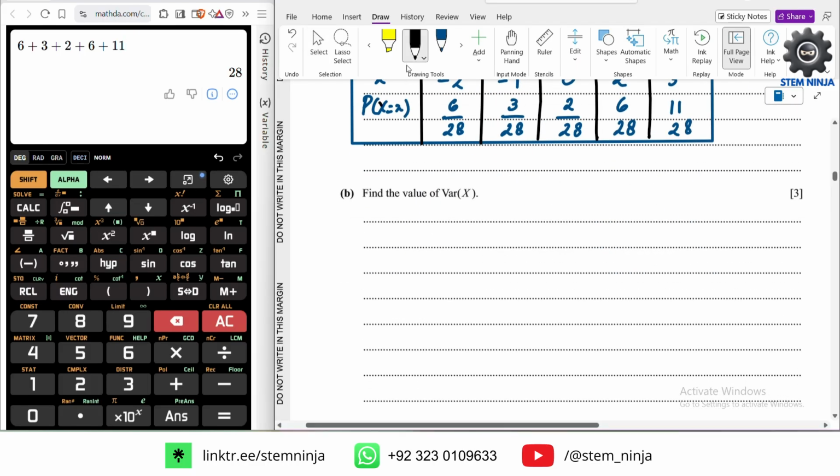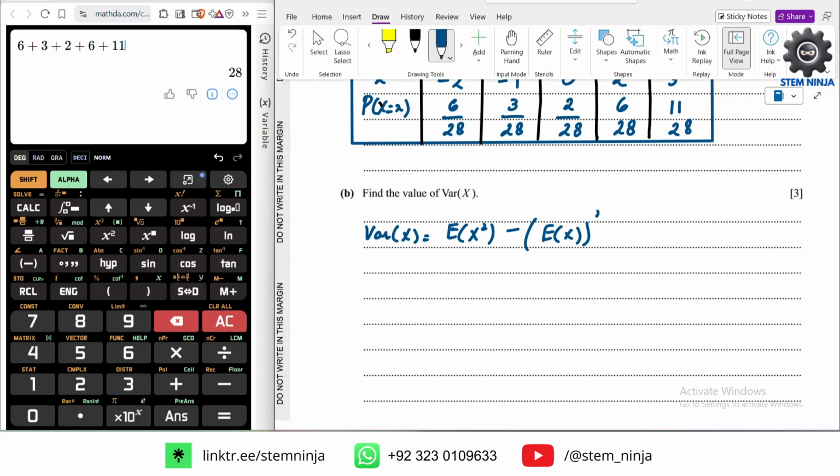Okay. So this is like the discrete random variable. So variance of x would be E of x squared minus the square of the expectation of x. So we need to figure out both of these things.